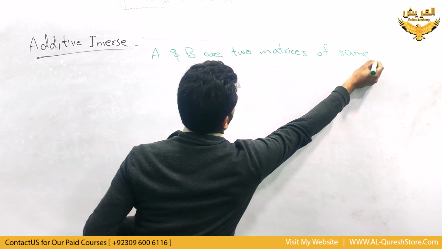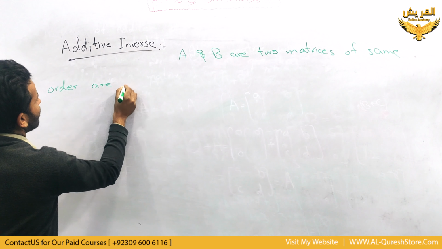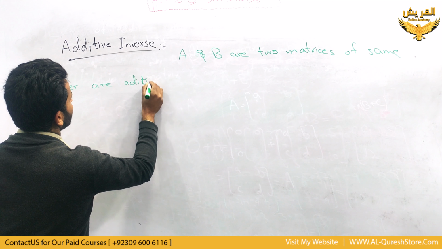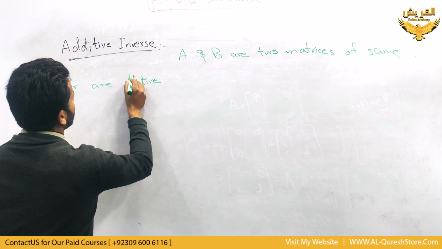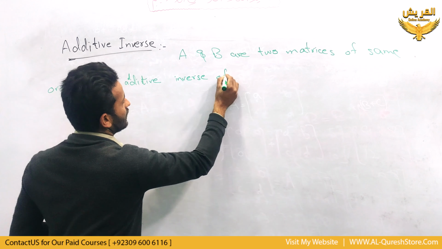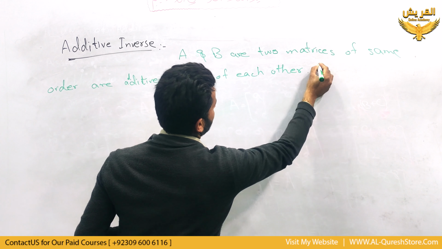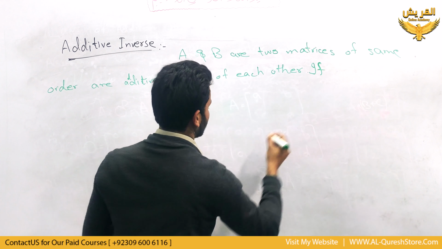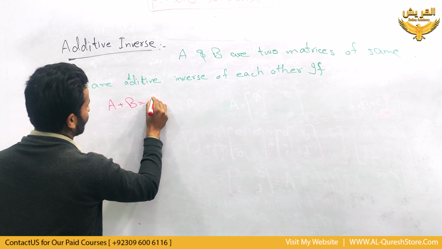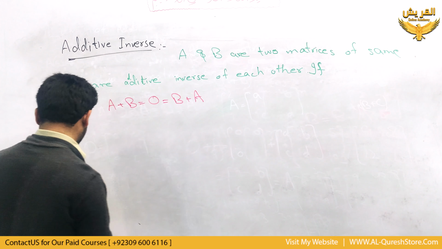They are additive inverses of each other if A plus B is equal to O, which is the additive identity, which is equal to B plus A.